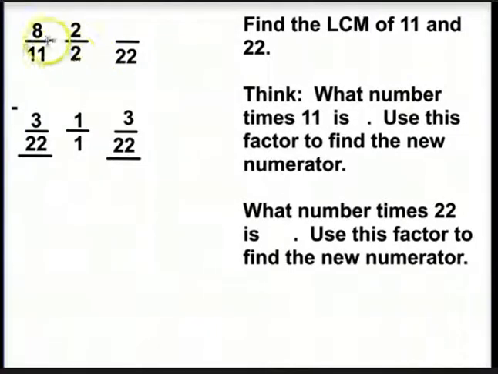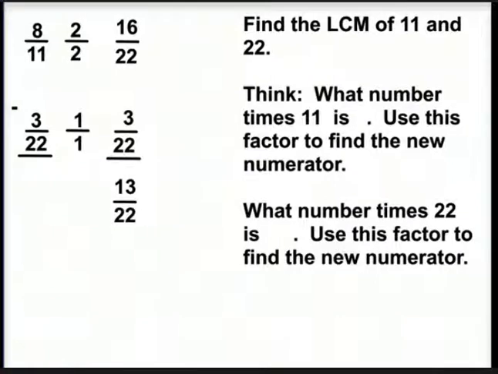That's going to be 2. 8 times 2 is 16. Remember, you're subtracting now. So when you subtract 16 minus 3, you've got 13. And you've got 13 over 22, or 13/22 for your answer. Okay, nice. Hopefully this is bringing back some memories of what we did in school before the Christmas break.